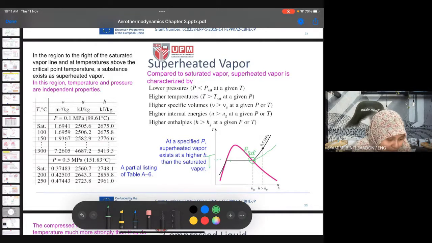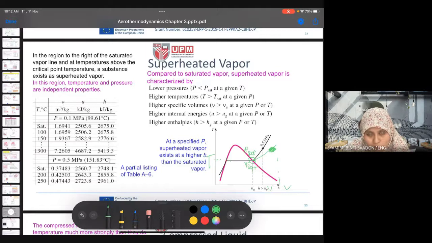If the superheated vapor is at this point, its temperature is higher than the temperature of the saturated vapor. It has higher specific volume V, higher internal energy and higher enthalpy. This is what we expect from superheated vapor.